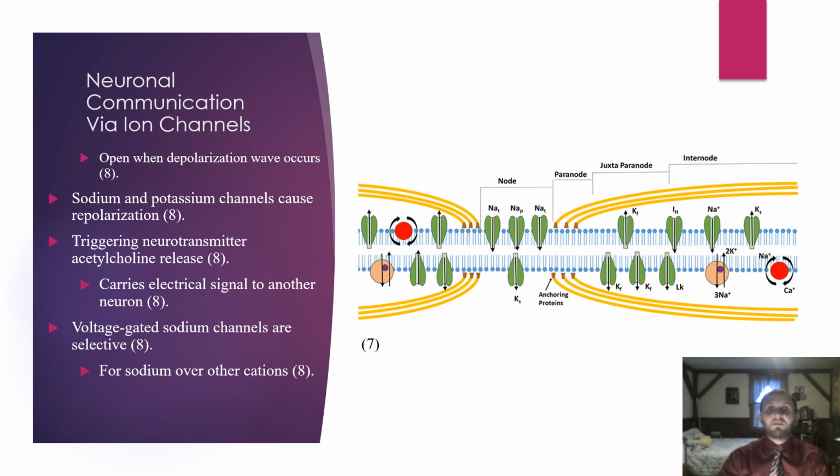All right, so continuing with the same image here, we're looking more into the voltage-gated sodium channels, which are selective for sodium over other cations by a factor of 100 or more. They also have a very high flux rate of over 10^7 ions per second. This is per second, mind you. That's a lot.